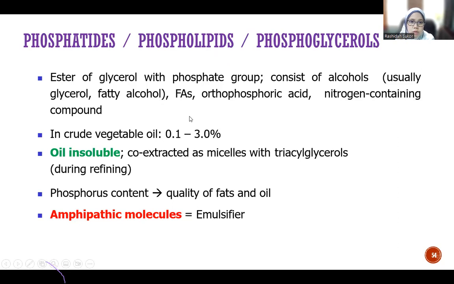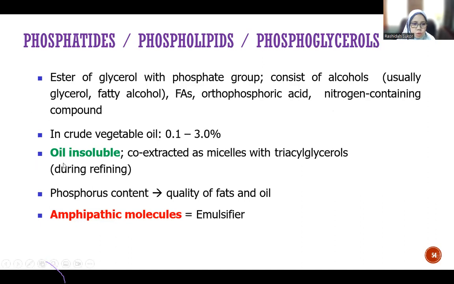So ester of glycerol with phosphate group consists of alcohol, usually glycerol or fatty alcohol, okay, fatty acids, orthophosphoric acid, nitrogen containing compound. Okay, ini adalah dia punya components lah. Include vegetables, normally the percentage is about 0.1 to 3%.